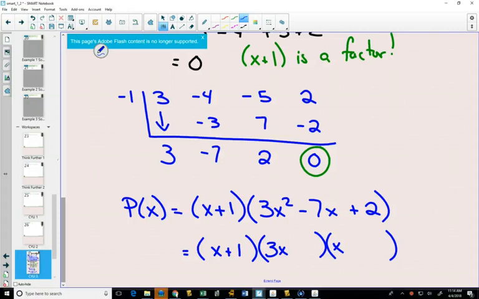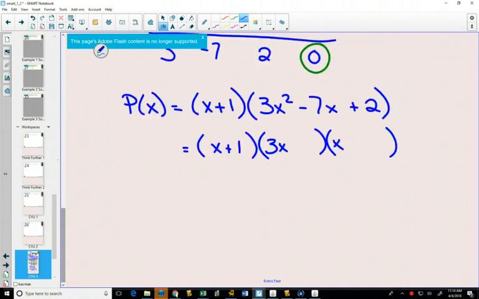Is there a way to put our last term, to multiply to 2, so that your outside and inside make 7? So you'd have to check, could it be 1 and 2 or 2 and 1? Or do neither of them work?